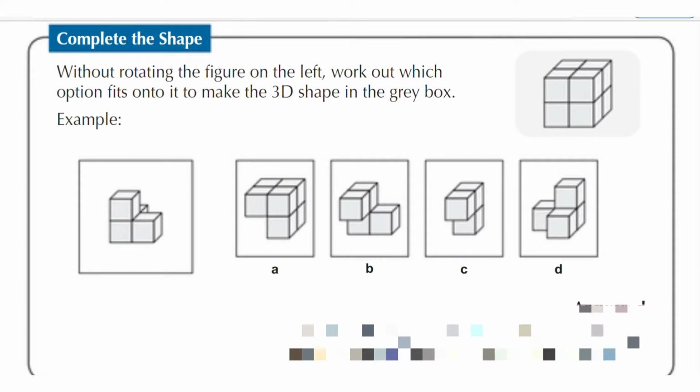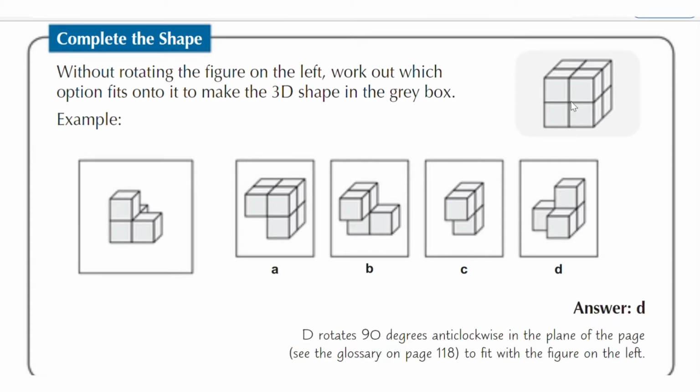So we'll say D rotates 90 degrees anti-clockwise, in the plane of the page, to fit with the figure on the left. So you have to rotate it 90 degrees anti-clockwise, and then it fits there to make a complete shape like that.